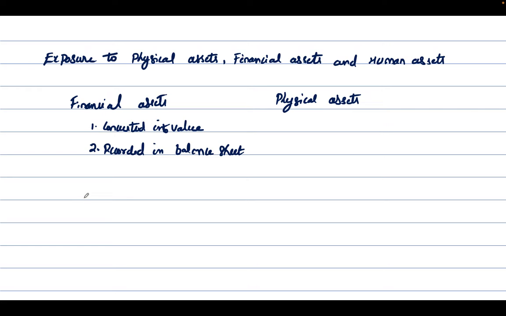The main difference between the two is that physical assets are tangible, whereas financial assets are intangible.